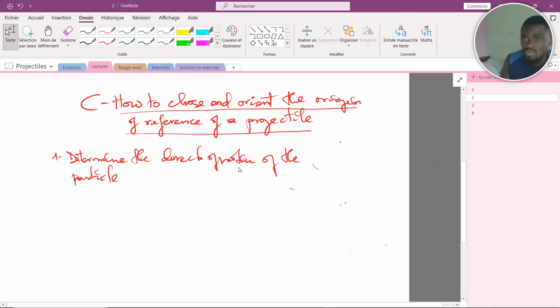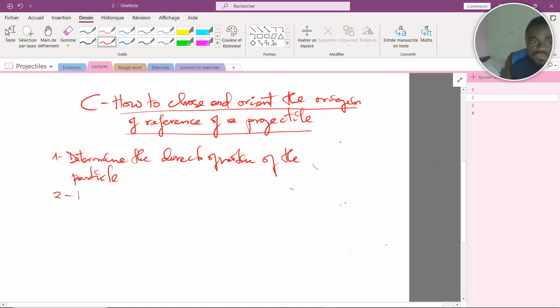After determining it, the question you have to ask yourself is: has information been given on the point to take as origin of reference, or has no information been given?